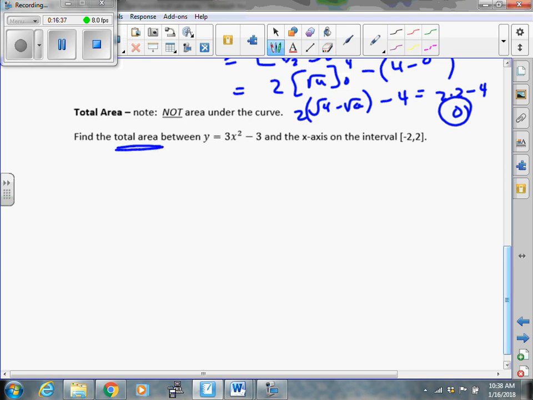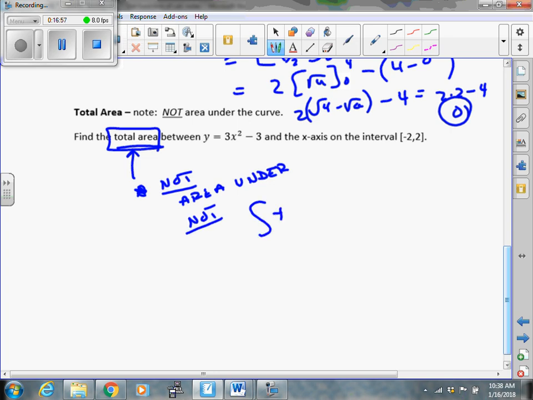Total area is area, not area under. So it's not just the integral of the function. It's asking for total area.